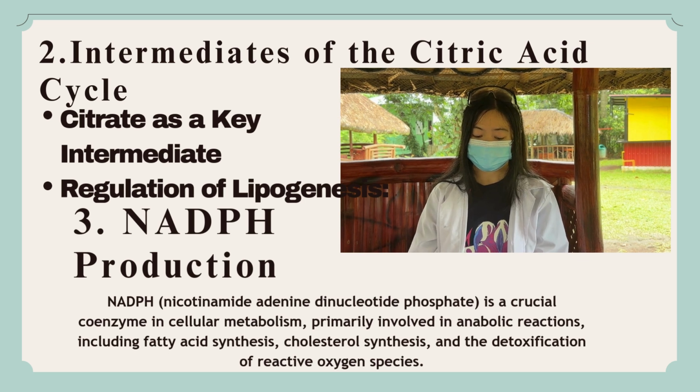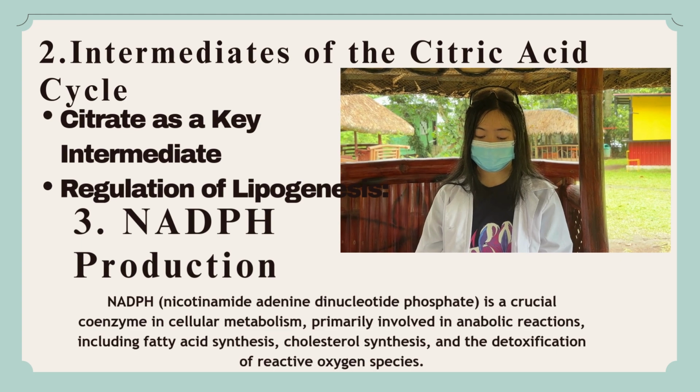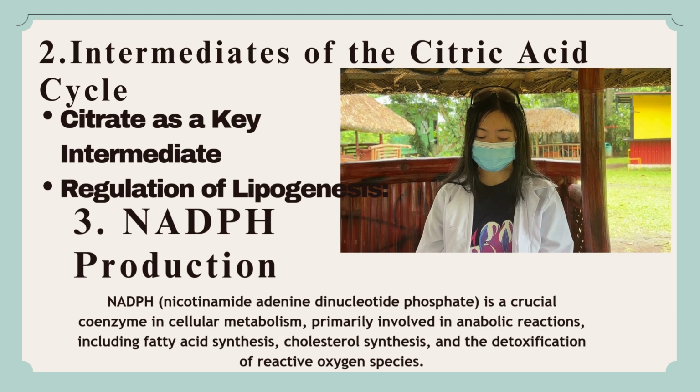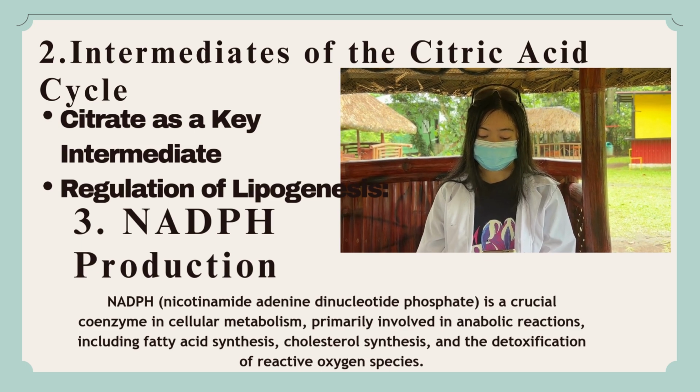Regulation of lipogenesis. The conversion of citrate to acetyl-CoA in the cytosol is a critical regulatory step in lipogenesis. High levels of citrate signal that energy is abundant, promoting fatty acid synthesis.